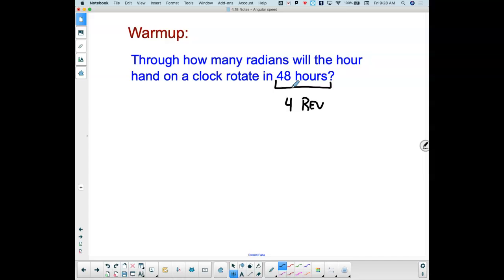Each revolution is how many radians? 2 pi. So this would be 4 revolutions times 2 pi radians per revolution, which gives me 8 pi radians.